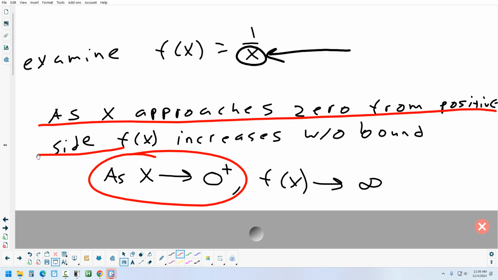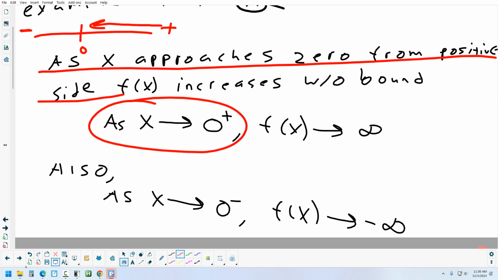This little symbol after the 0 means positive side, because there's always two ways you can approach a number from: the right side and the left side. This is the positive side. This is the negative side. This is approaching from the positive side. So approaching from the positive means you're heading to the left. Approaching from the negative side means you're coming from the negative towards 0.